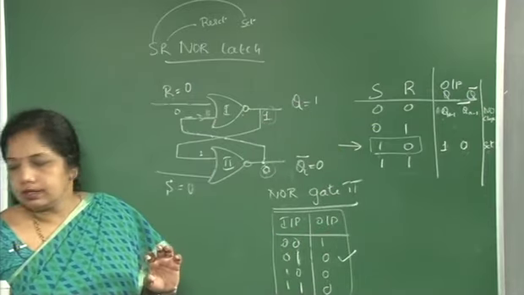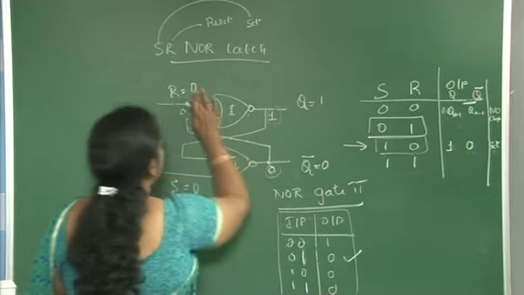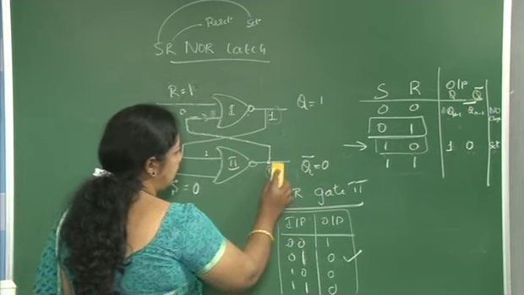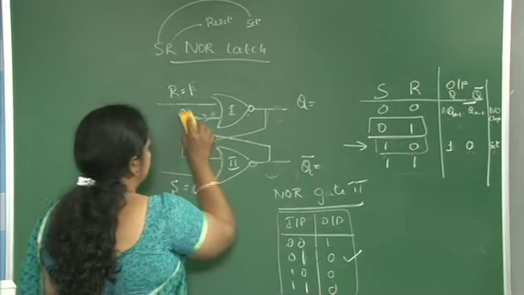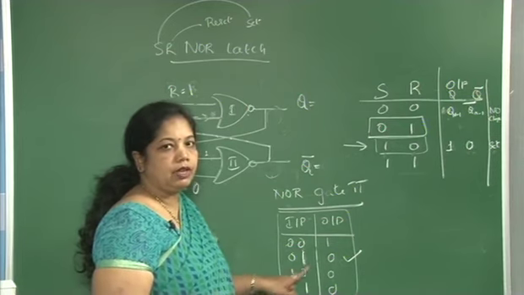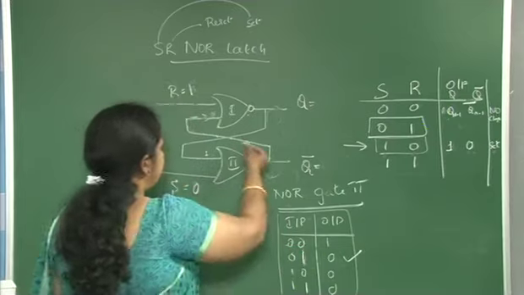Let us discuss now the 1 0 condition. In the 1 0 condition, I make R equal to 1, S equal to 0. Let me discuss what will be the output. If any one of the input to the NOR gate is 1, my output is 0, as we know.